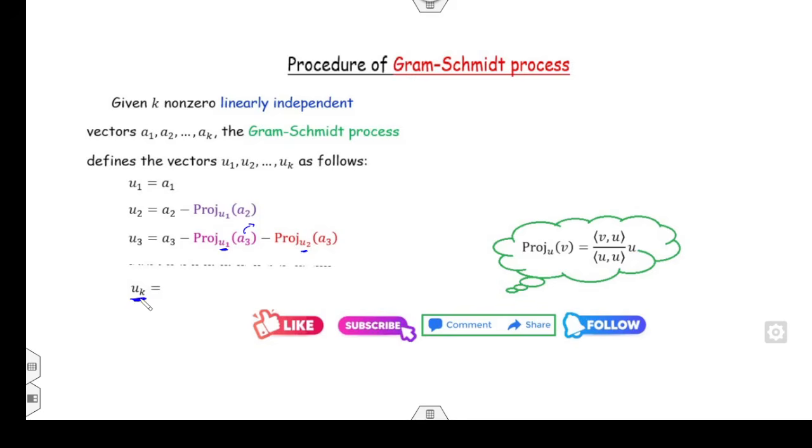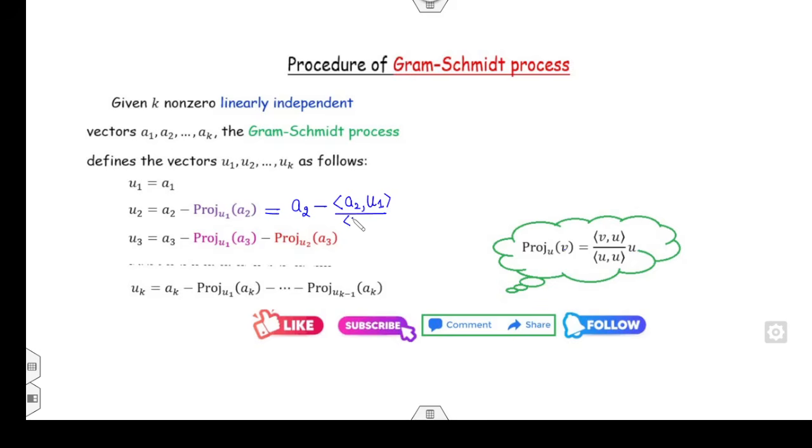Similarly, we can define uk as ak minus the projection of the vector ak on u1, minus the projection of ak on u2, and so on, up to the projection of ak on u(k-1), because we have k minus 1 earlier vectors. Clear? Now I can substitute the values. How can you write the projection of a2 on u1?